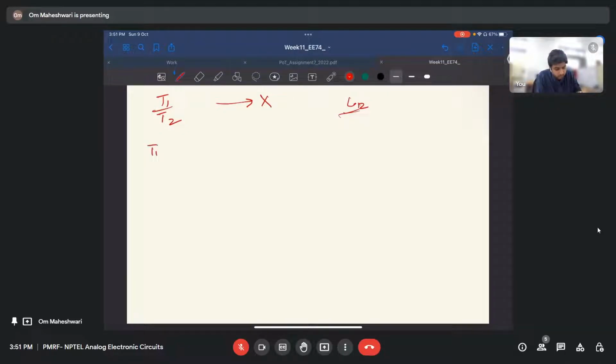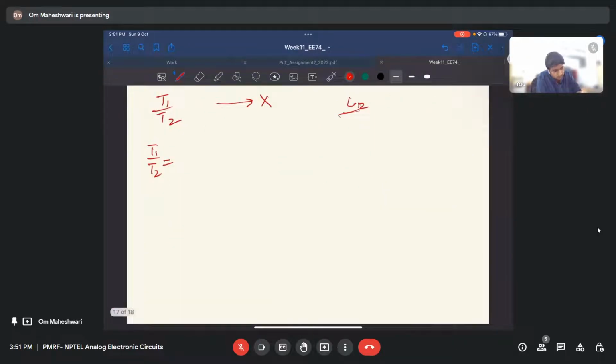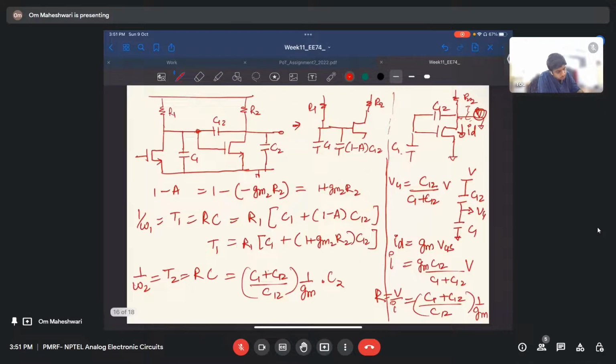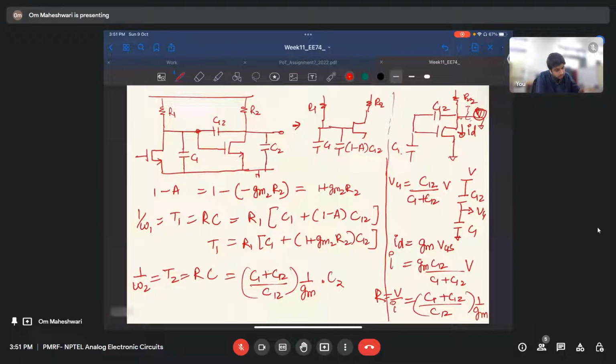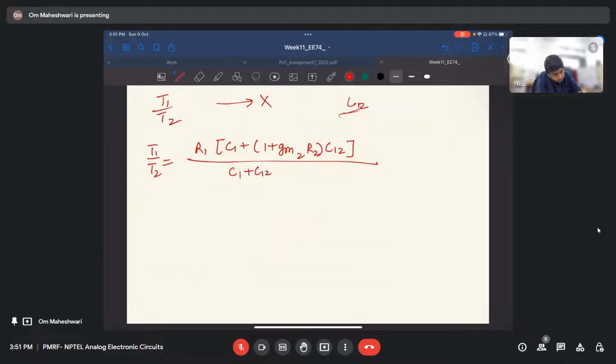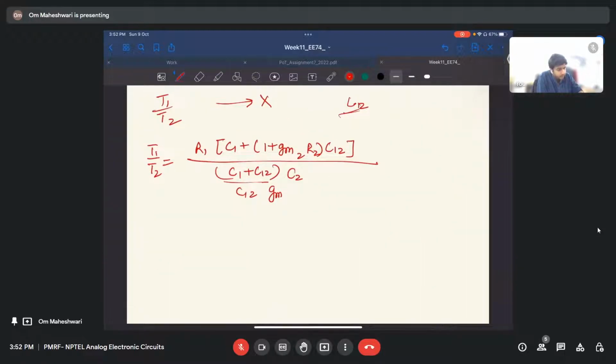T1 by T2: we already know T1 is R1 times C1 plus 1 plus GM2 R2 times C12, upon this term below, C1 plus C12 divided by C12 times GM into C2. So this is T1 by T2.